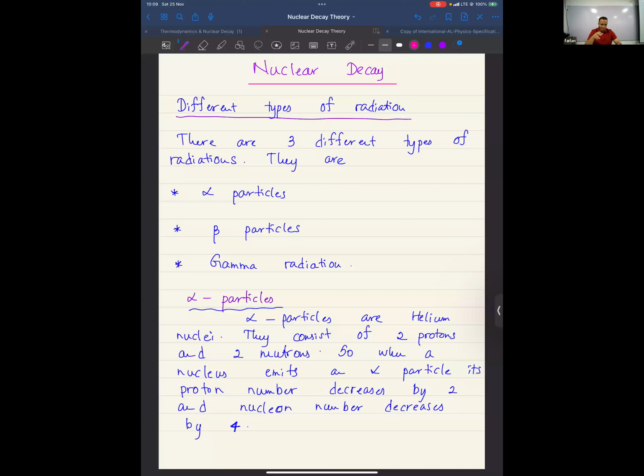Full stop. They consist of 2 protons and 2 neutrons.